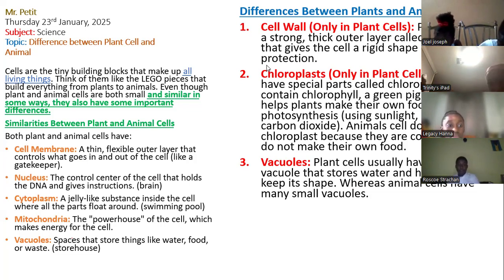Legacy, what are the differences between plant cells and animal cells? The difference between plant cells and animal cells is that cell walls are only in plant cells. Chloroplasts are only in plant cells.